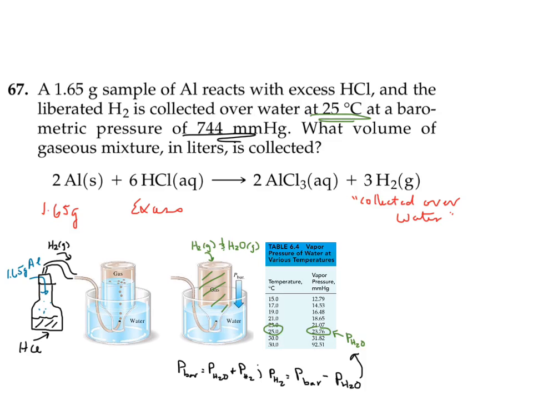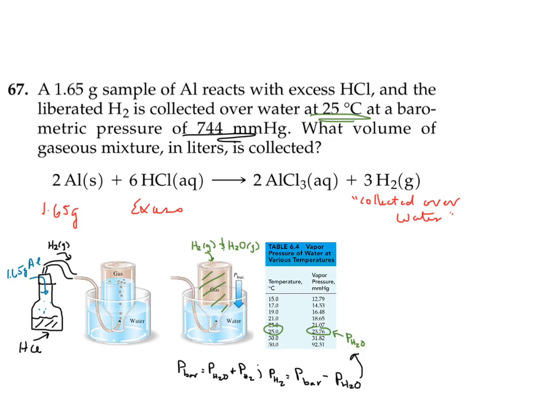The thing about collecting hydrogen gas or any sort of gas over water like this, there's a few things. One is that your gas of interest, and I've got green hash marks here, is not going to be just your gas. Actually, it's a gas mixture. It's got your gas of interest and it's got water vapor. This table right here says how much water vapor you can expect to be hanging out.